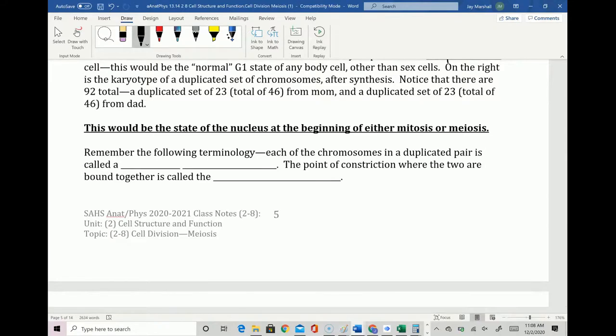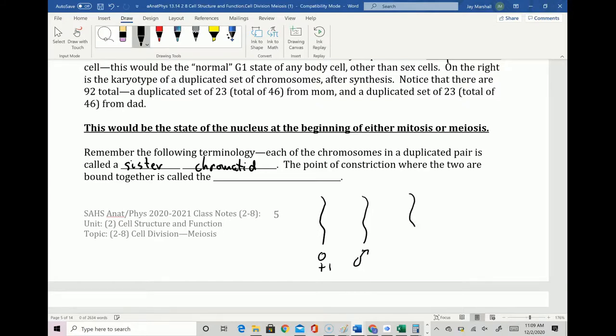And now we need to remember the terminology. Each of the chromosomes in a duplicated pair is called a sister chromatid. Although remember, it is a chromosome. So in the non-duplicated state, this might be mom's chromosome 1, and this might be dad's chromosome 1.